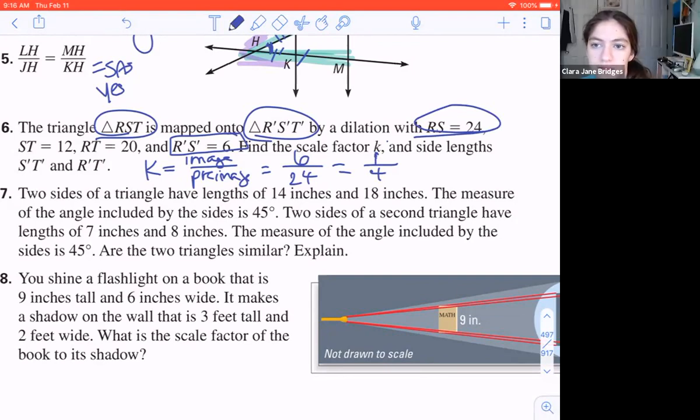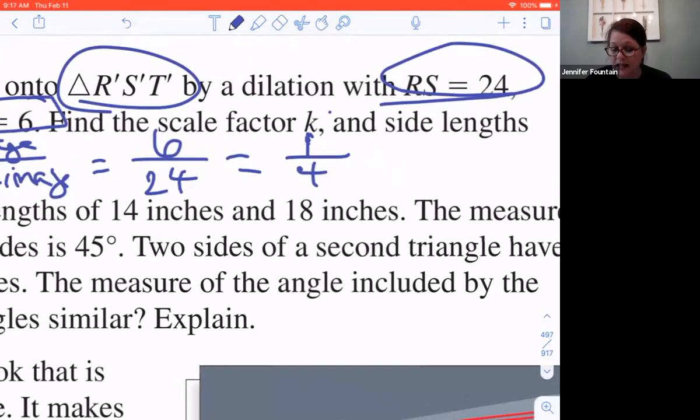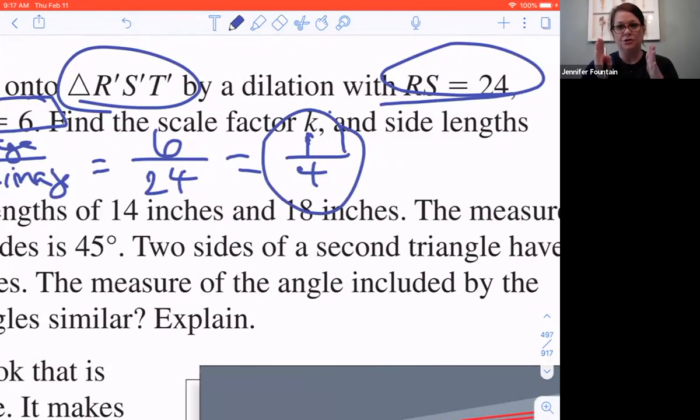It's getting smaller because remember we talked about how if my scale factor is less than 1, that means my image is smaller than my pre-image. If my scale factor is greater than 1, then it got bigger. It was an enlargement. So if it's less than 1, then it shrunk.